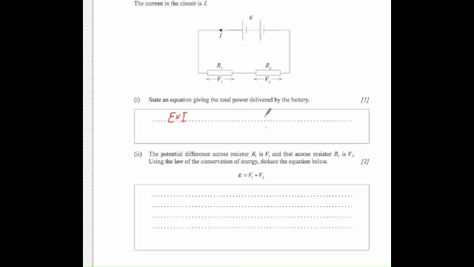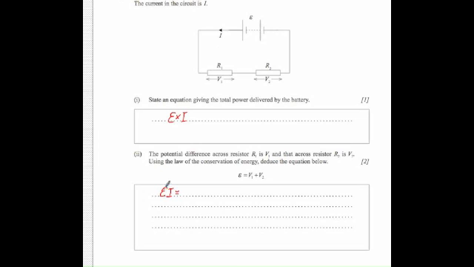And then, using the fact that we know V1 and V2, what can we write down? Well, the total power output by the battery is, again, the EMF times the current. And that energy must be dissipated either in the first resistor or in the second resistor. The sum of the energies dissipated must equal the output of the battery because of the conservation of energy.